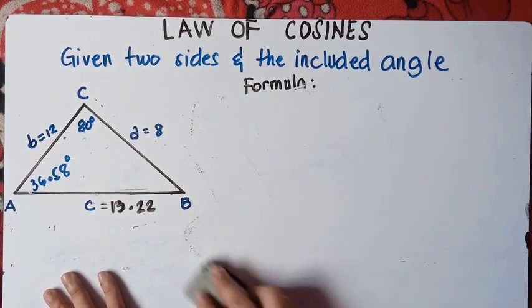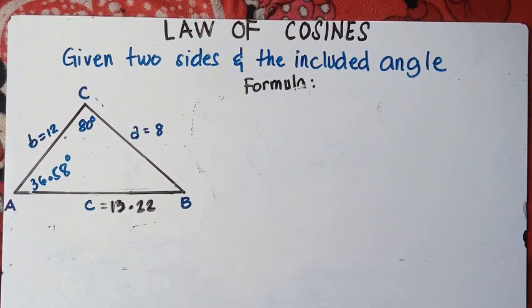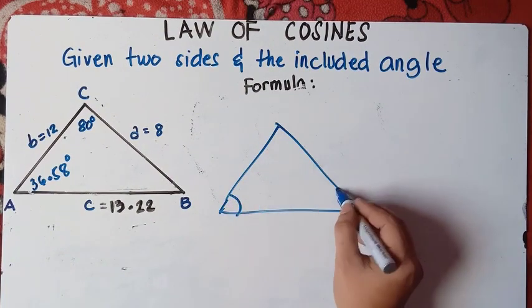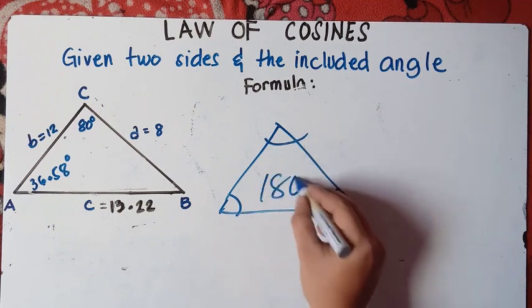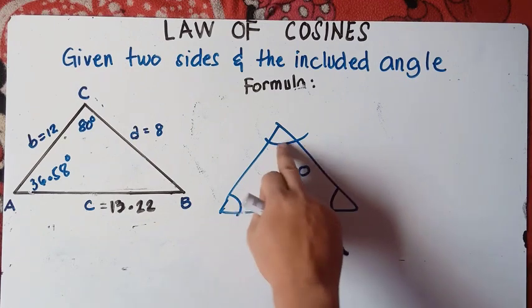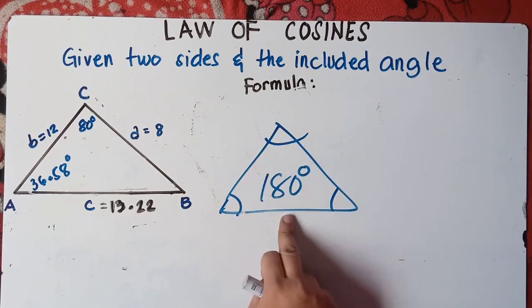To find angle B, do not forget, class, that in a triangle the sum of the interior angles should be equal to 180 degrees. Any triangle, even if it's equilateral, right, scalene, or isosceles, the sum of the interior angles should be equal to 180.